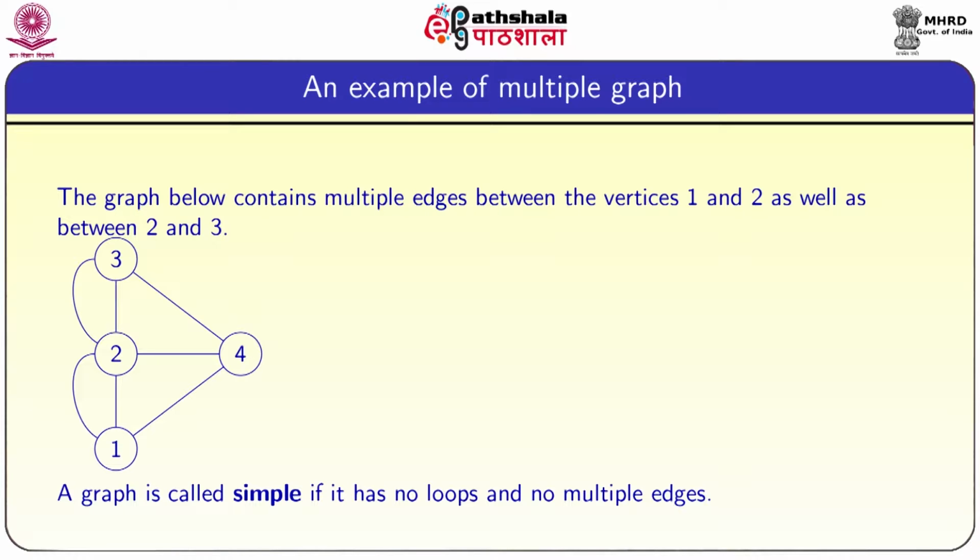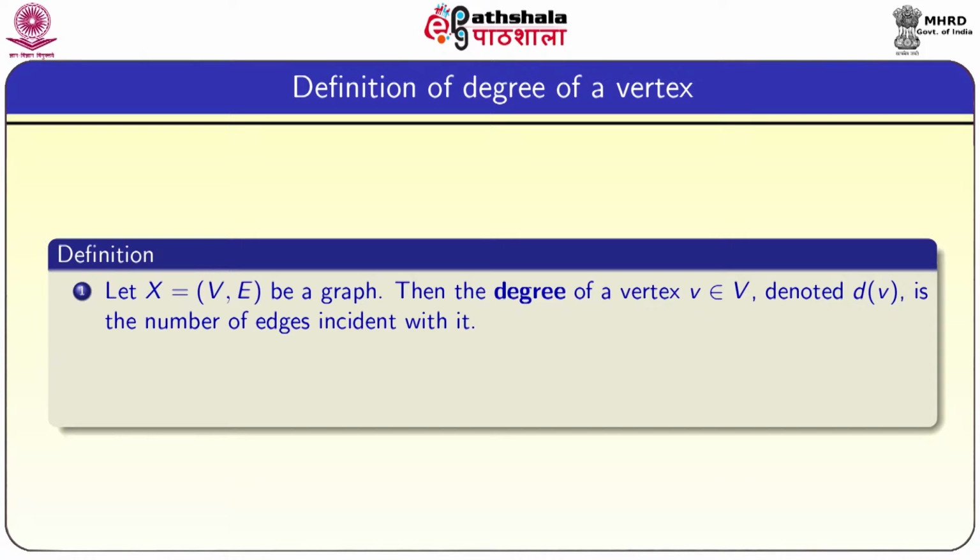A graph is said to be simple if it has no loops and no multiple edges. Now, degree of a vertex. If X equal to V comma E is a graph, then the degree of a vertex v, denoted by d of v, is the number of edges incident with it.